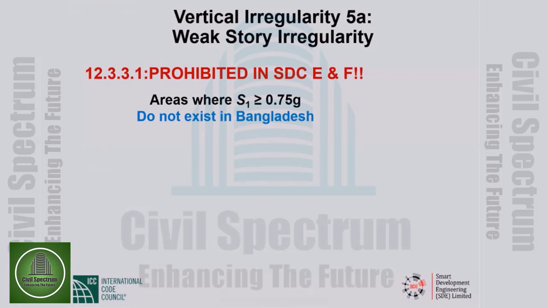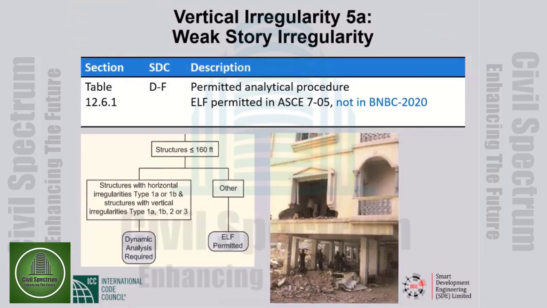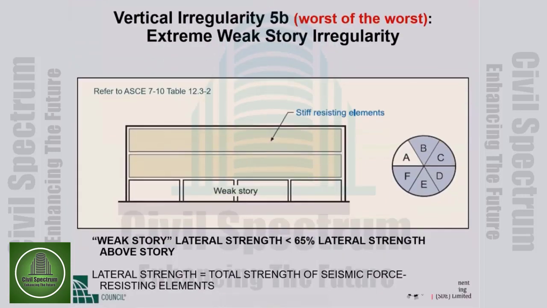5A in ASCE 7-05 is prohibited in design categories E and F, which do not exist in Bangladesh. If you have 5A irregularity, ASCE 7-05 will allow you to do equivalent lateral force procedure, but BNBC will force you to do dynamic analysis. 5B, extreme weak story.